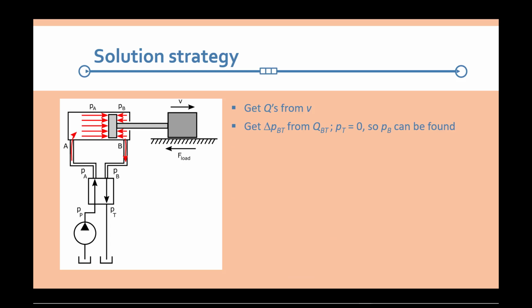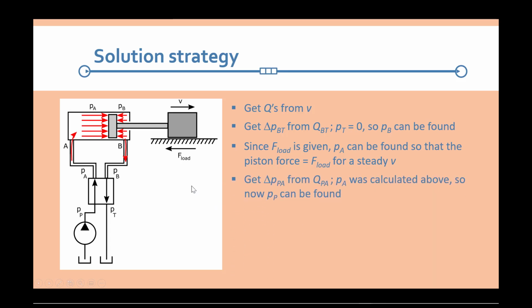And then we work our way backwards. We start where we have zero pressure, and we know the pressure drop across here since we know the flow rate through that orifice, so we can find PB. And then we bring the load in, and knowing the load, we can use our relationship to get PA to support that load. But knowing PA and knowing the flow rate into here, we can calculate what PP would be.